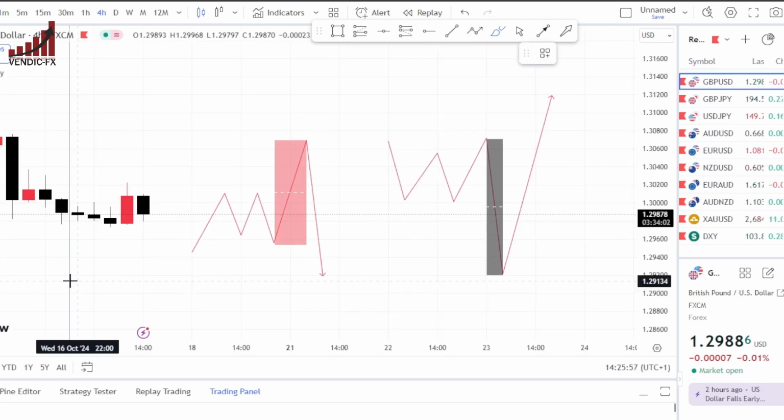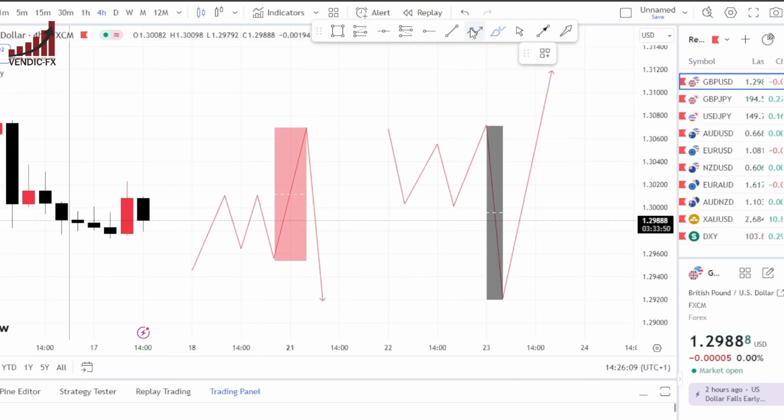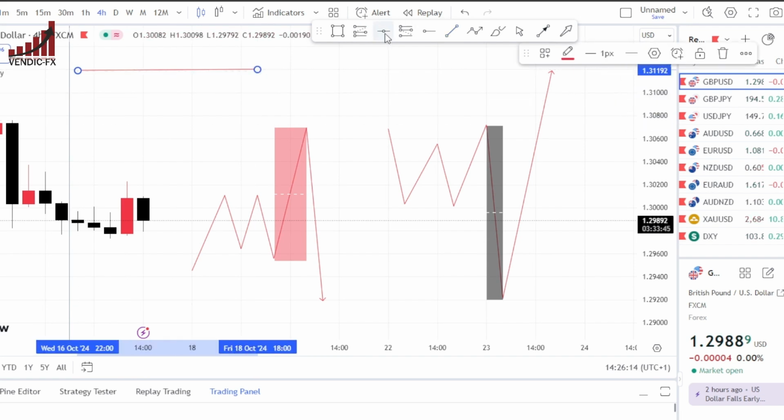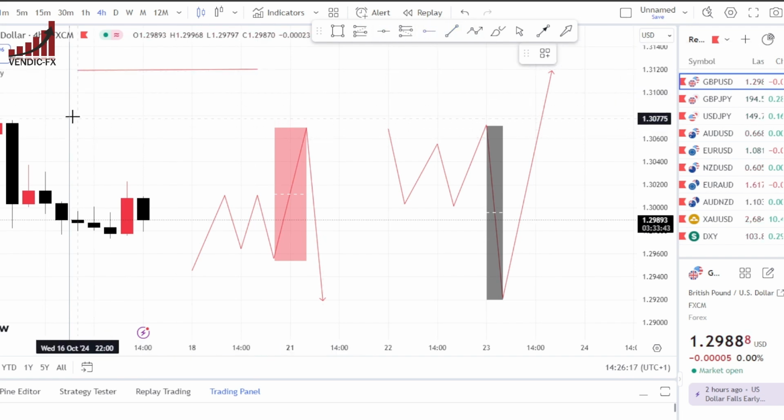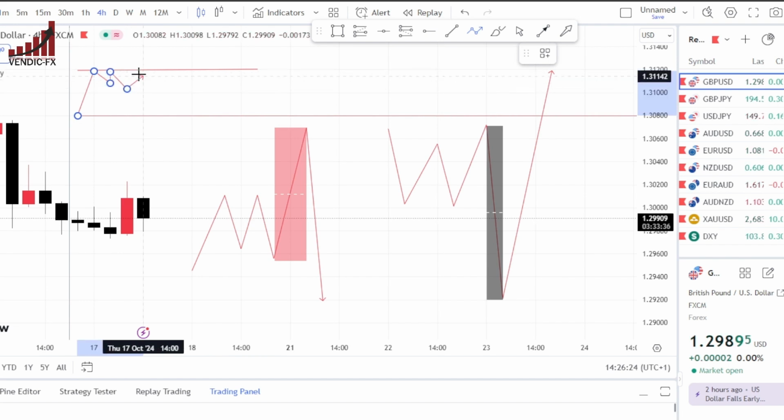When we are talking about an institutional candle, it mustn't be a candle. This is what you have to keep in mind. Let's take for instance a consolidation area, something like this, where the market bounces off and rejects multiple times, and let's say the overall trend of the market is down.